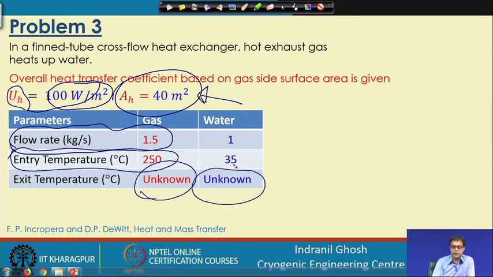So it is no longer a design problem, rather it is a simulation or heat exchanger performance problem. Here the heat exchanger configuration is known, and what we intend to calculate is the exit temperature of the fluid streams.